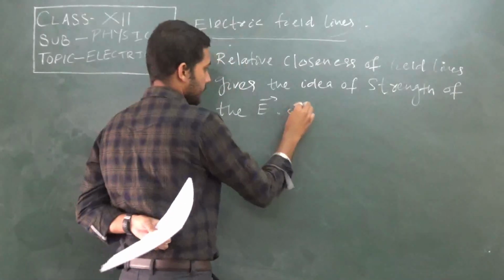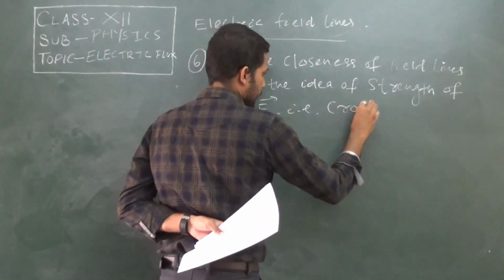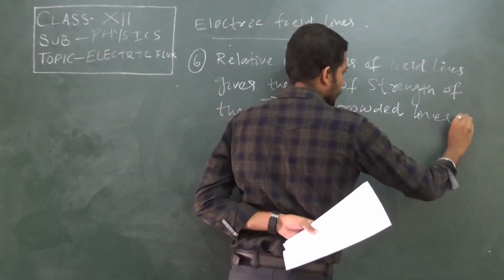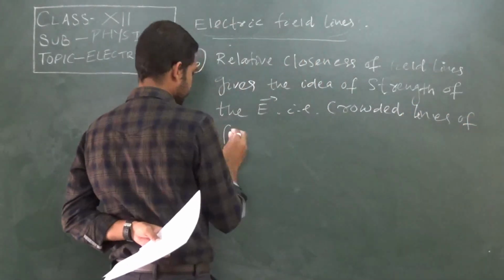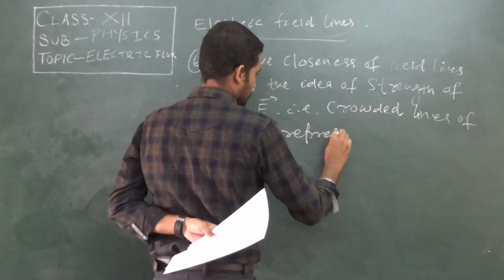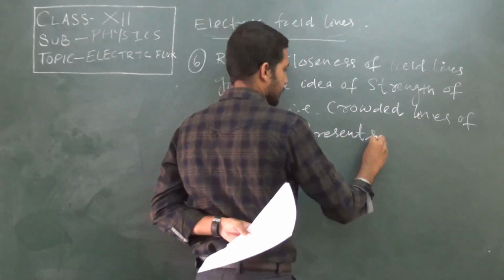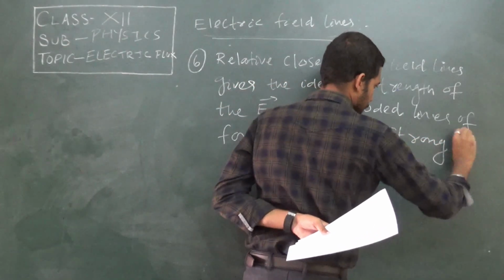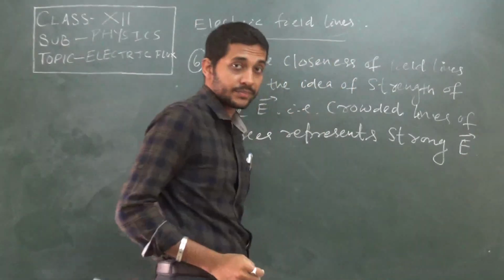That is, crowded lines of forces represent strong electric field. I'll remember this one.